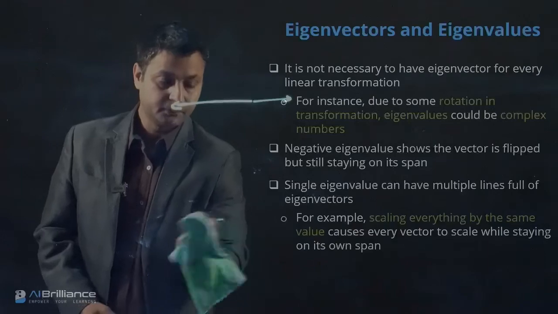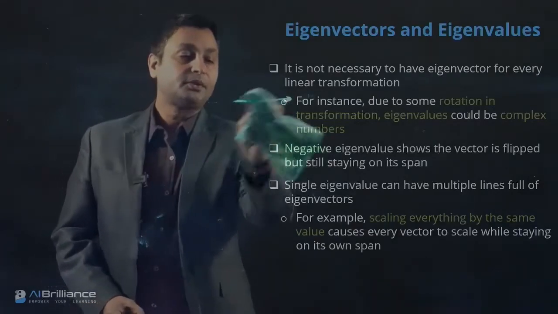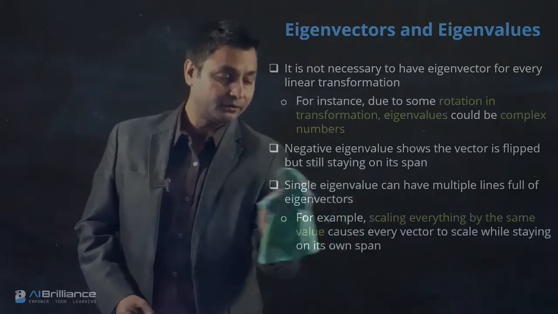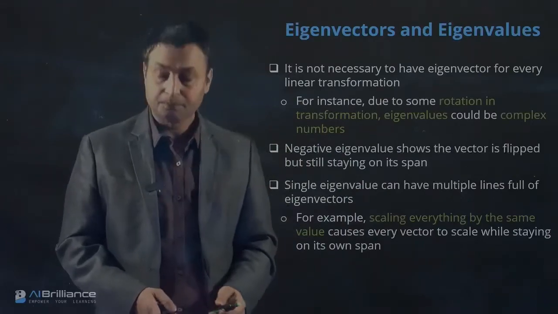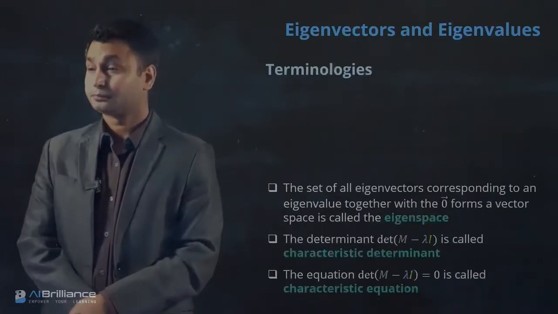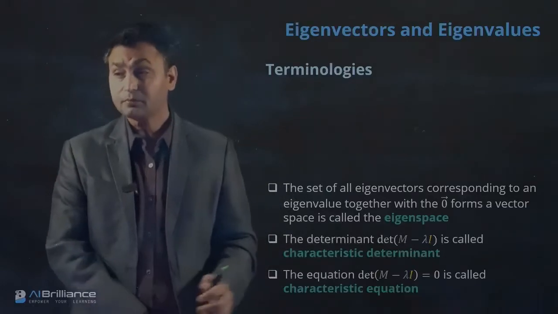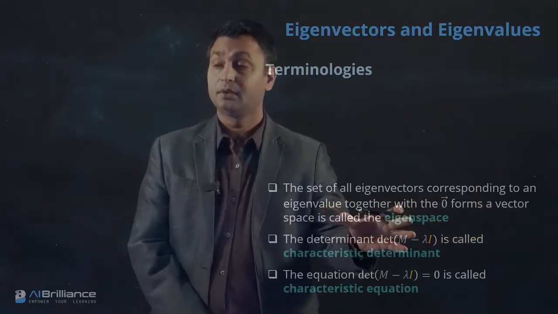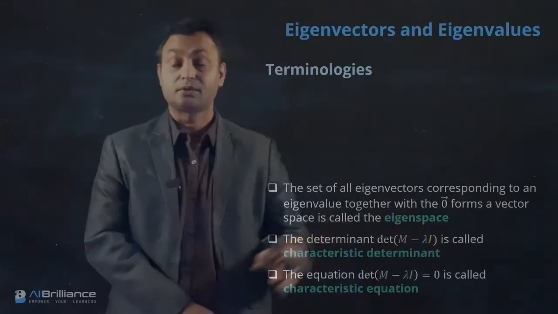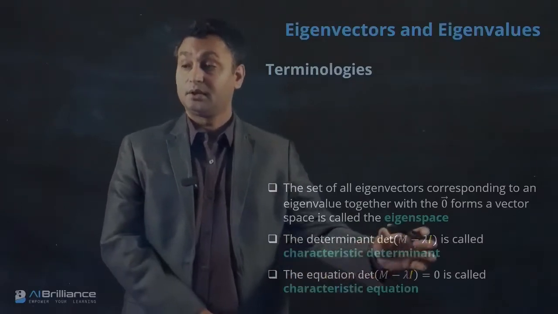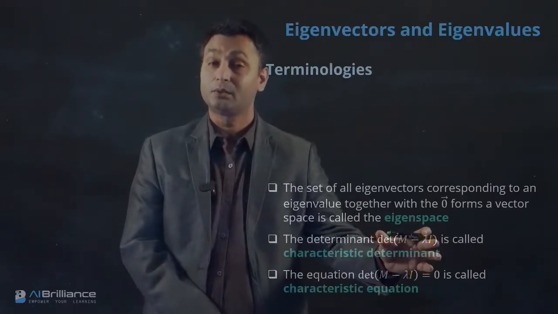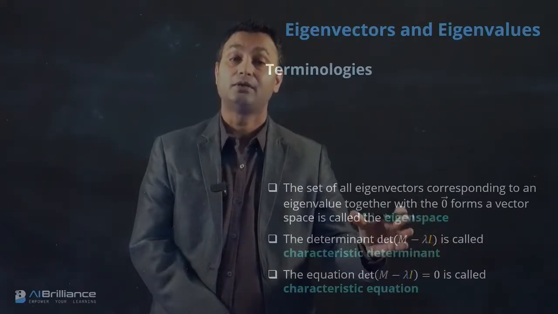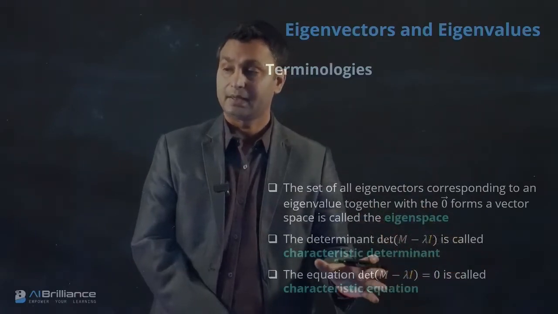So with that, let's also discuss some of the common terms that you might come across with respect to eigenvectors and eigenvalues. The set of all eigenvectors corresponding to an eigenvalue, together with 0, forms a vector space called the eigenspace. The determinant, which we equate to 0 to find the values of lambda, the eigenvalues, is known as the characteristic determinant.